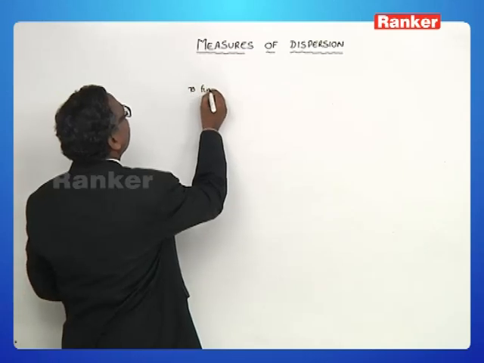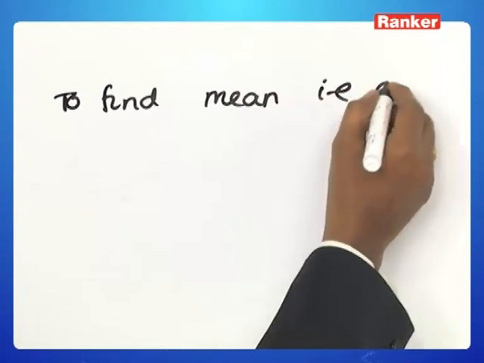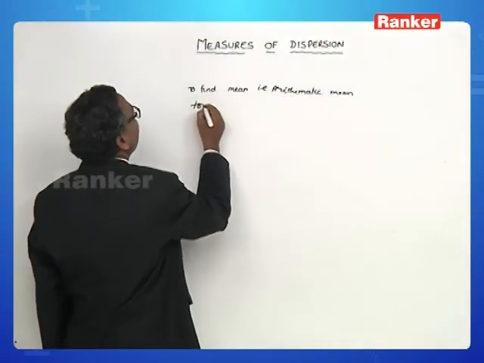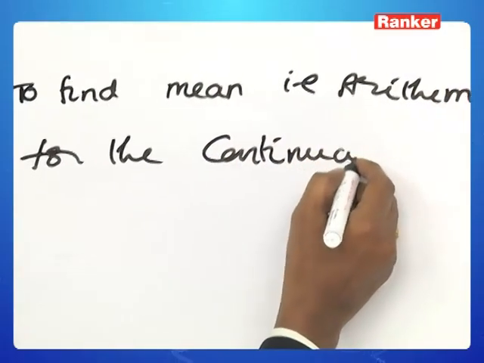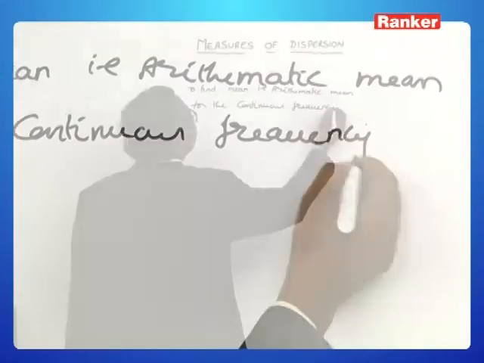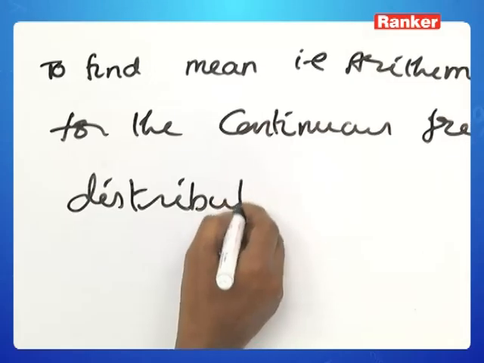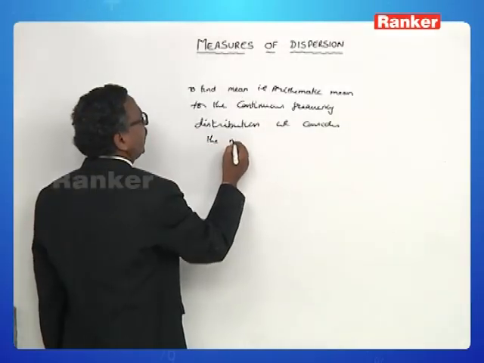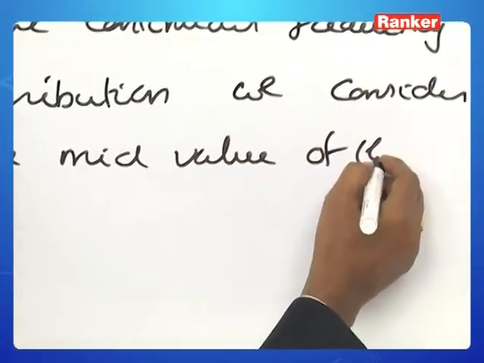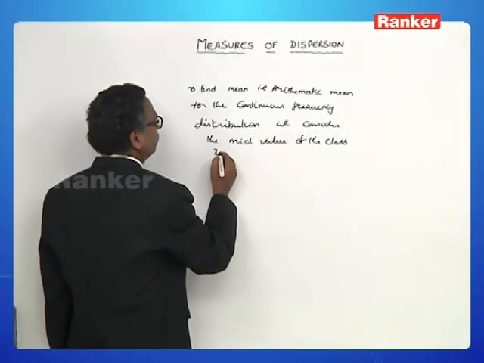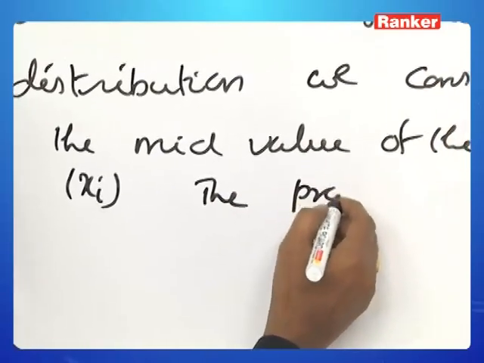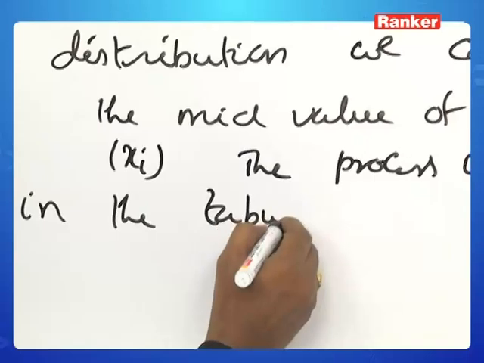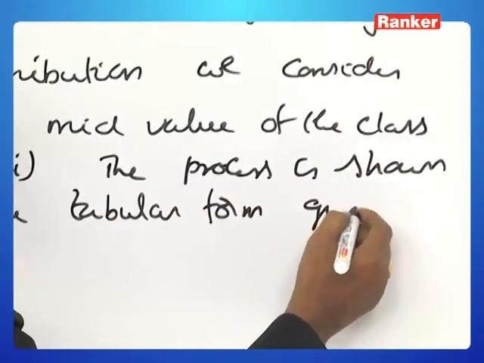To find the mean, that is the arithmetic mean, for the continuous frequency distribution, we consider the mid value of the class, xi, and the process is shown in the tabular form given below.